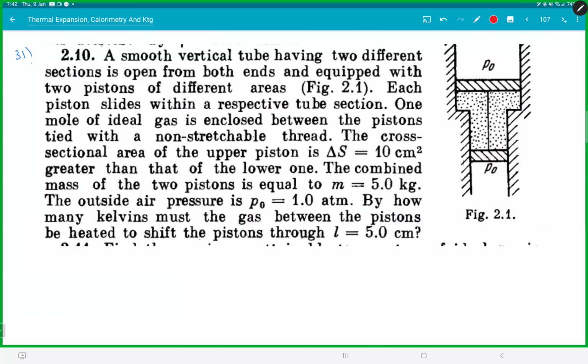They will normally tell you massless piston. If they didn't mention, it is better to take it, right? That is a more ideal case. And even then, if the answer doesn't change, you're safe, isn't it? Technically, if they didn't mention, that means the answer would come the same whether you take it or not. It shouldn't have mattered. Read the question, then I'll explain, then I'll give you more time.